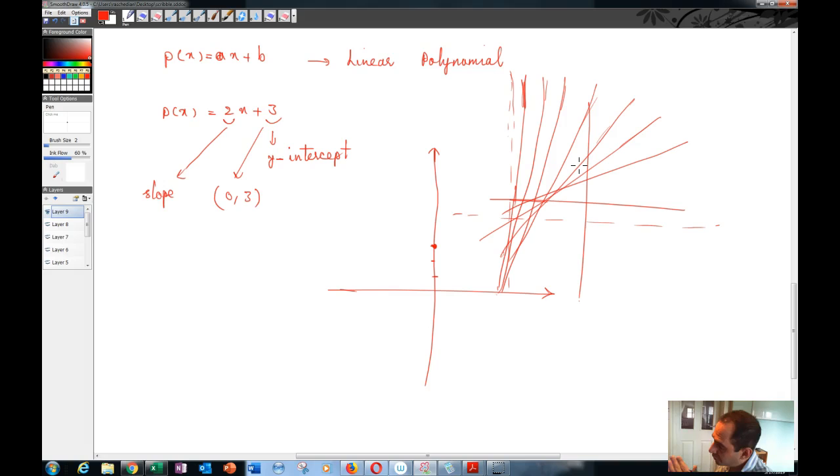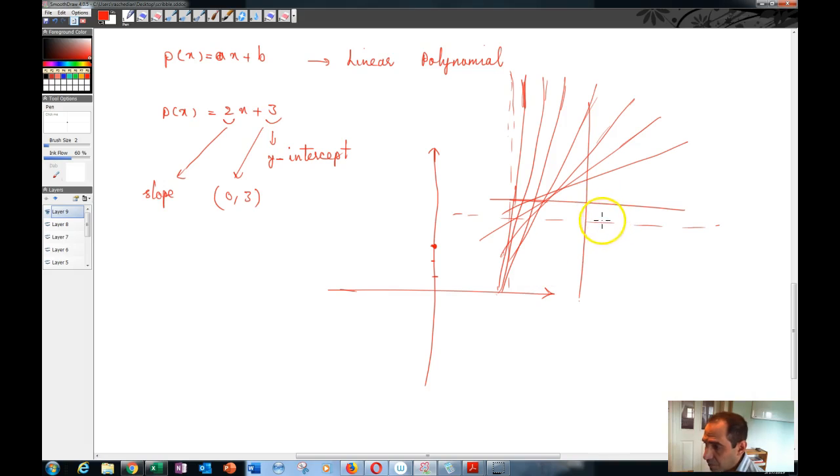So any sort of straight line has some slope to it. And relative to that slope, something interesting that happens is that you will have some amount of change in your y with, for example, a unit change in x.